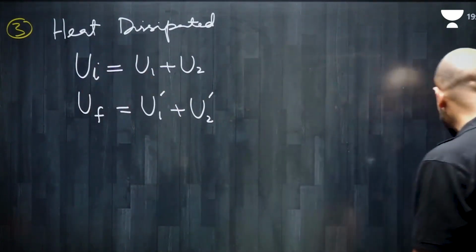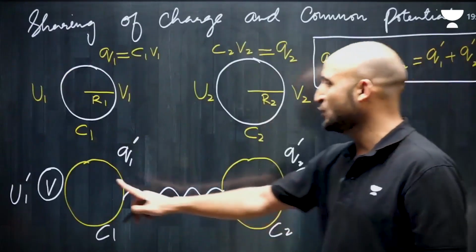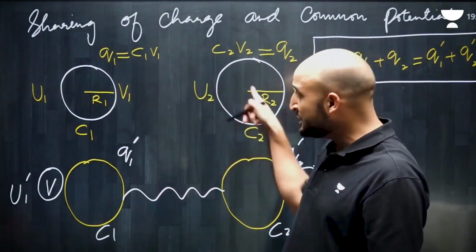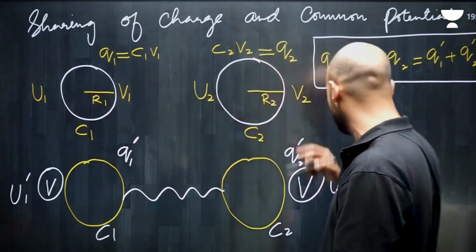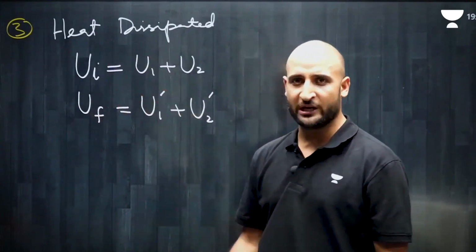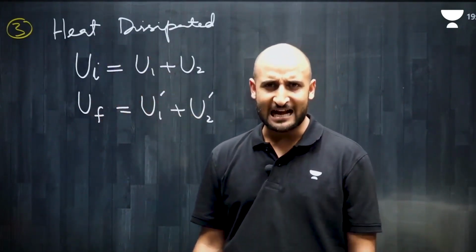The total final energy stored, U1 prime plus U2 prime, will be a little less than the total initial energy stored, U1 plus U2. That means U final will be a little less than U initial. Question is, where does that energy go?